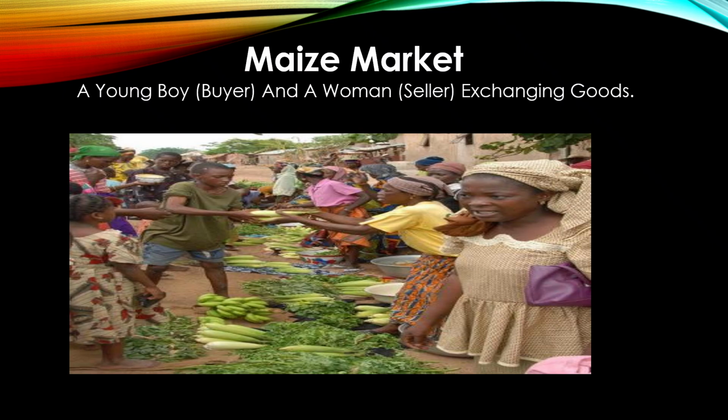The young boy is the buyer and the woman is the seller. The boy gives money to the woman and the woman gives maize in exchange. That is the exchange, buyer and seller exchanging goods.